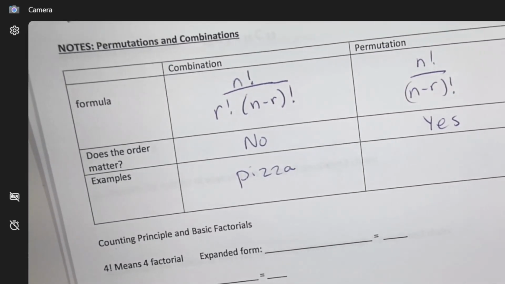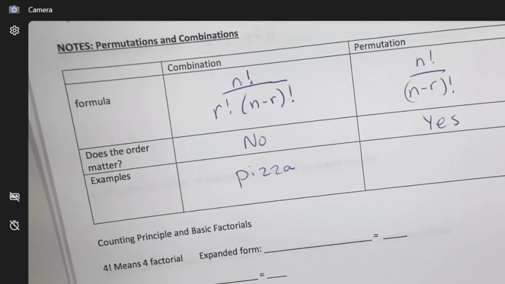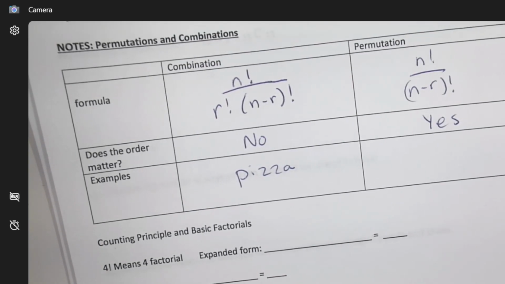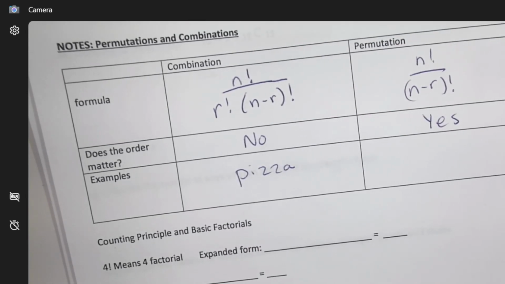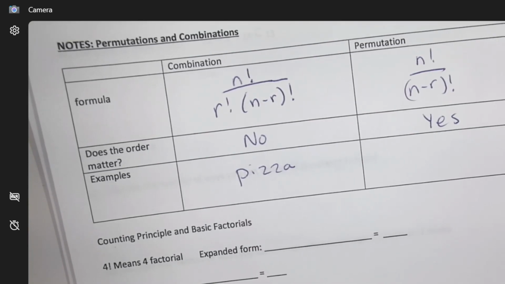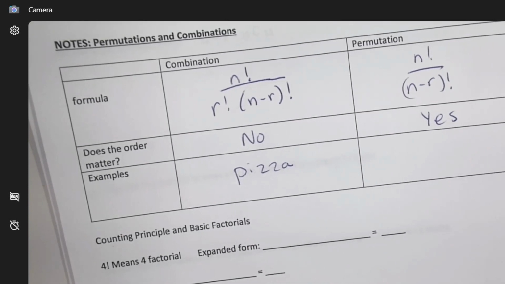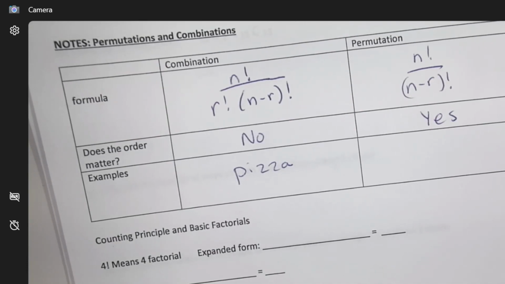If you could pick 2 toppings for your pizza out of 4 options, that's a combination, because the order doesn't really matter. You never call a pizza place and say, can I have ham and then the pineapple? You just say ham and pineapple. You don't say, I need the pineapple on the bottom and the ham on the top, right? You just say the combination.